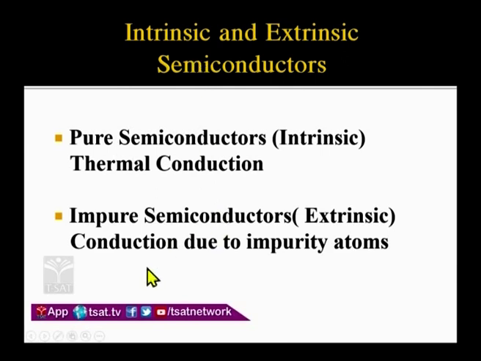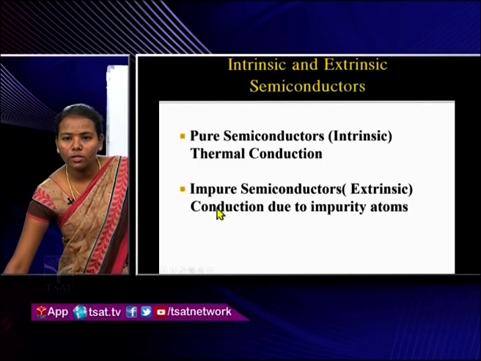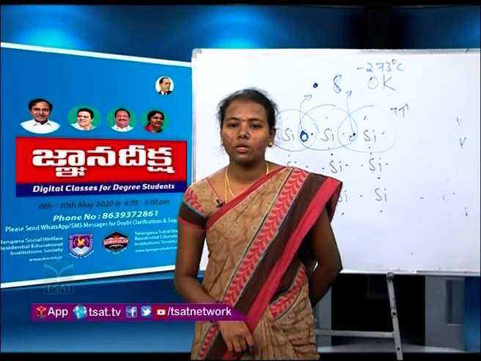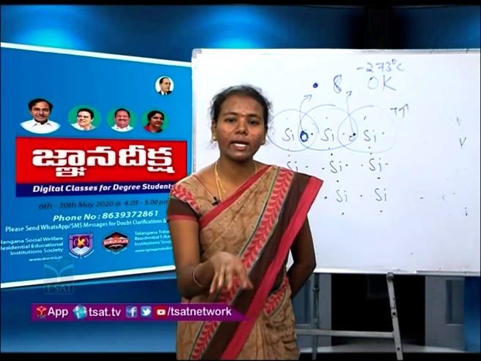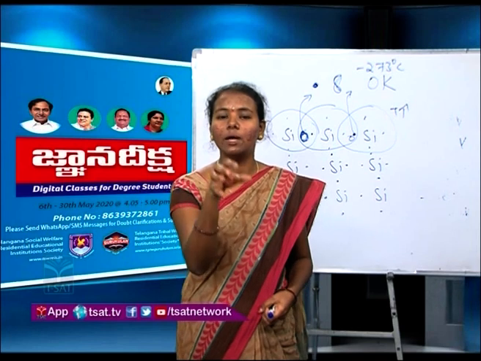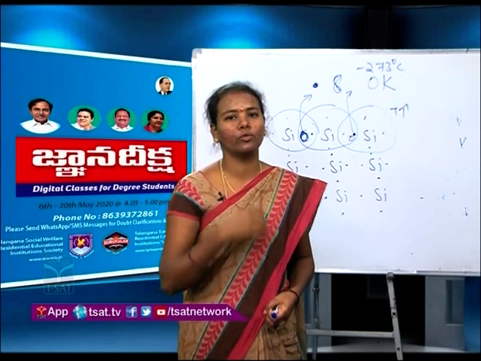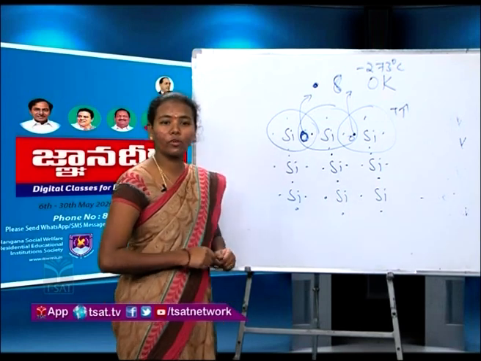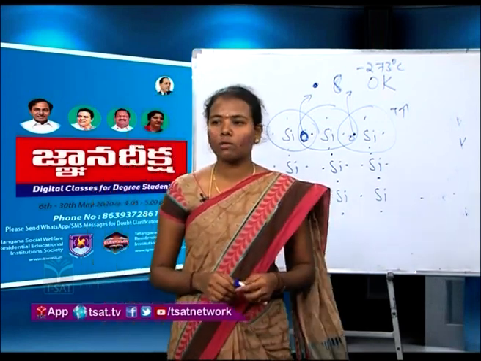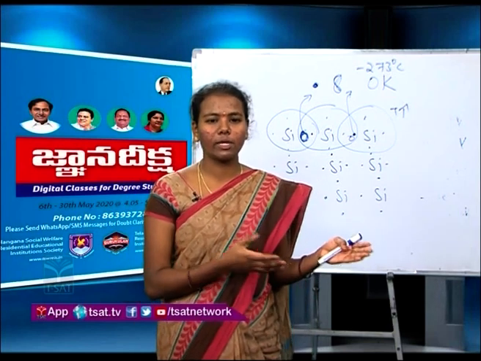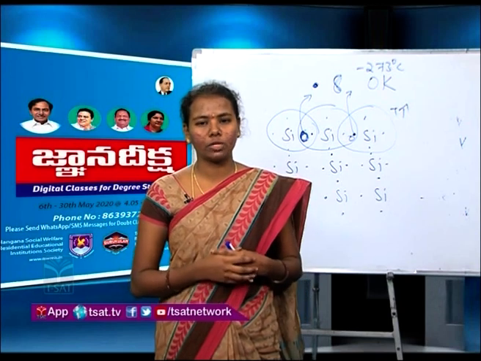And we have another type of semiconductors, those are extrinsic, where the conduction is due to impurity atoms. Whatever materials we add to the pure semiconductors will make the conductivity improve. We mostly add trivalent elements or pentavalent elements to the semiconductor.